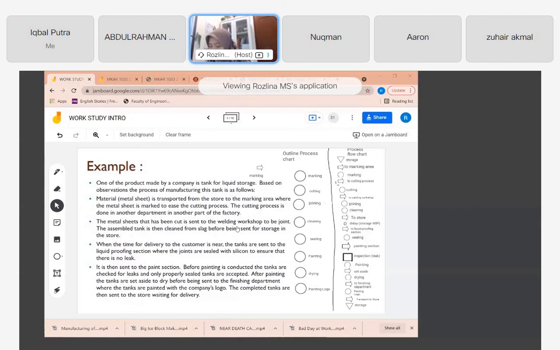After transportation, you put delay D because the delay means storage of WIP, not storage for the complete product. Because storage normally happens in the first flow, the first step, and at the end of the steps. Okay?